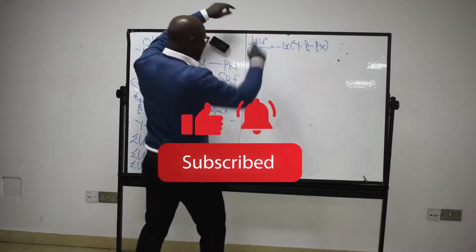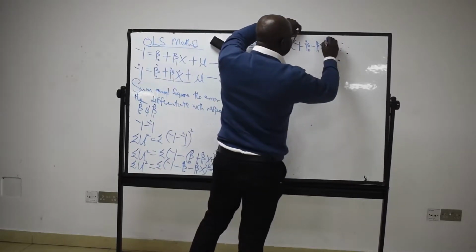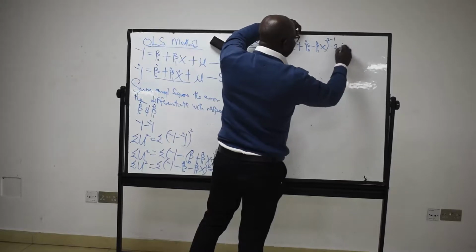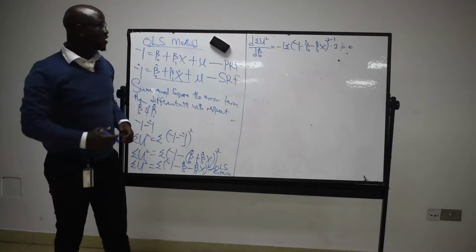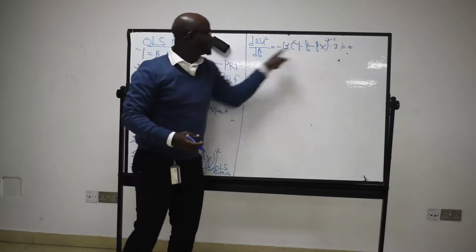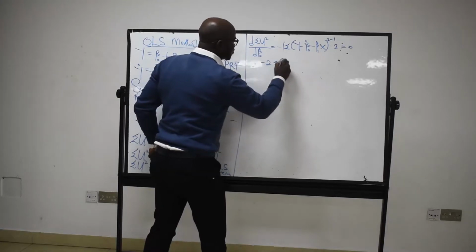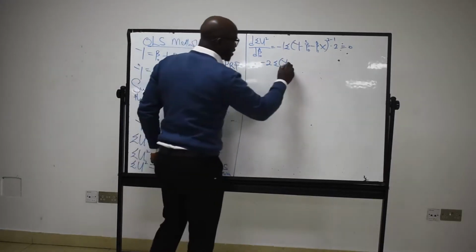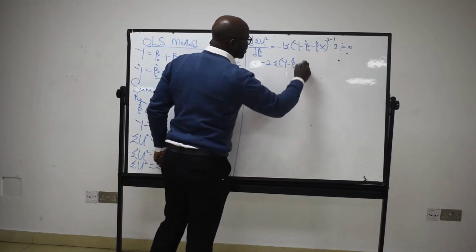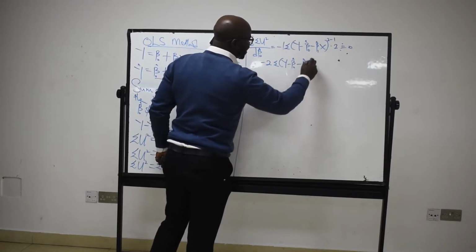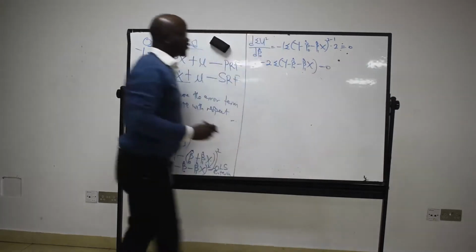Then multiply by the power 2 and reduce the power by 1, then equate to 0 at the FOC, the first order condition. Now, let's multiply this with this. I have minus 2 summation of y minus beta naught cap minus beta 1 cap x, then 2 minus 1 is 1, is equal to 0, right?